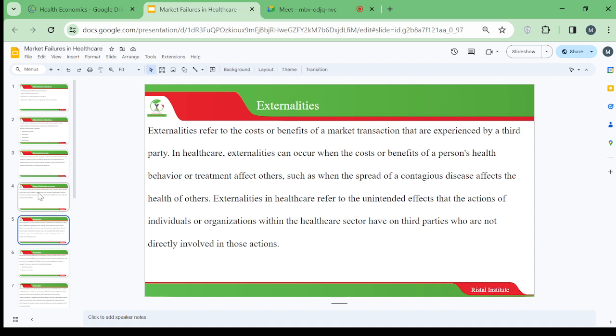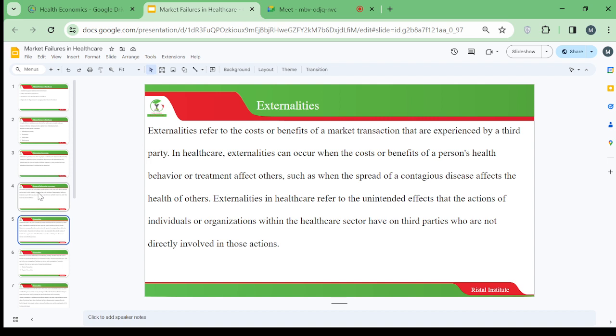So in healthcare, you have things that impact your life, whether you have been part of that event or not.